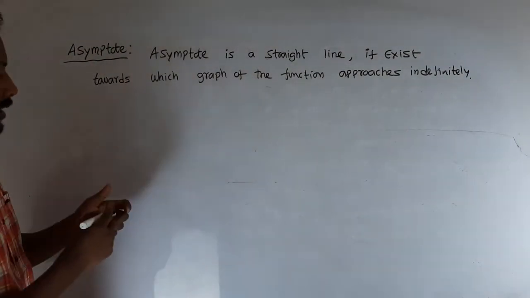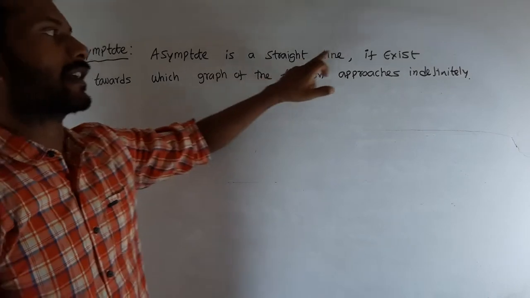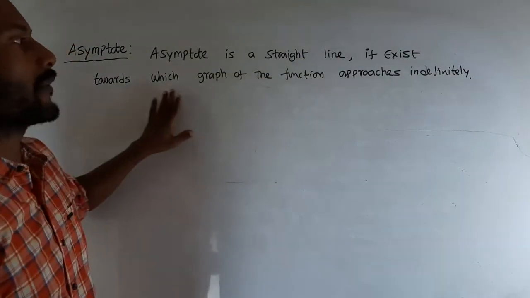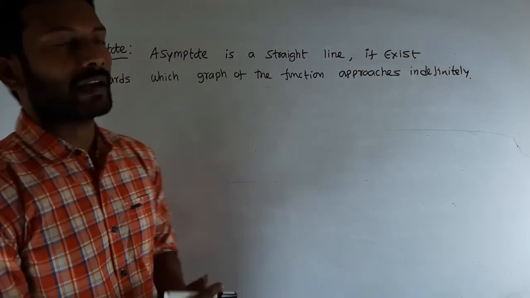What is asymptote? Asymptote is a straight line towards which the graph of the function approaches indefinitely.